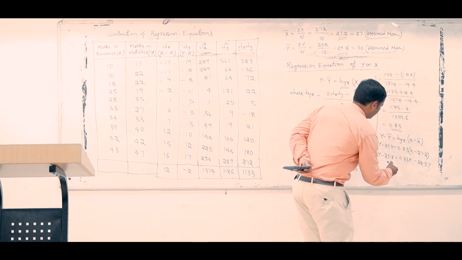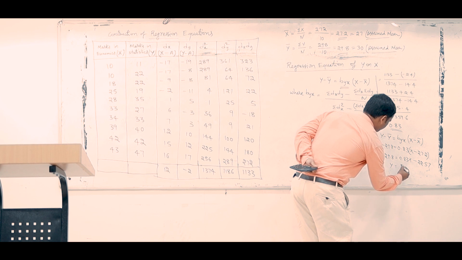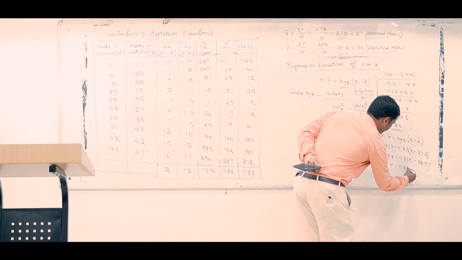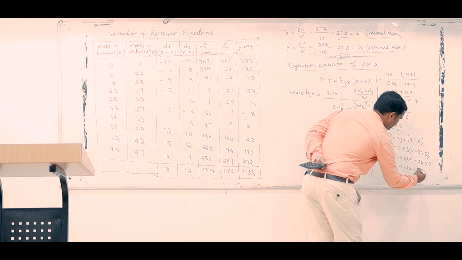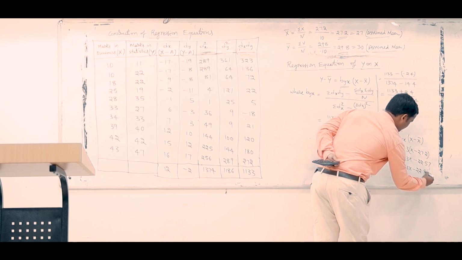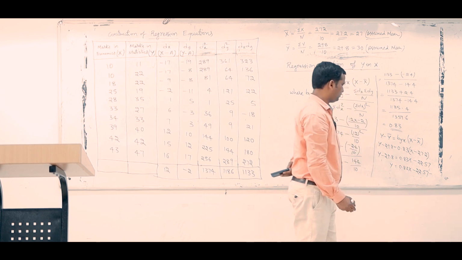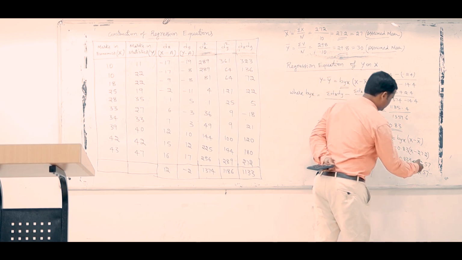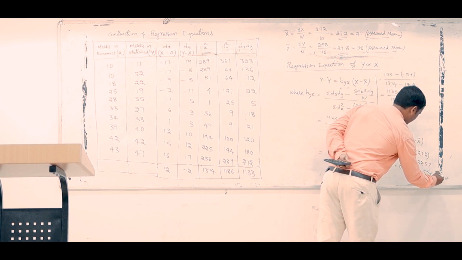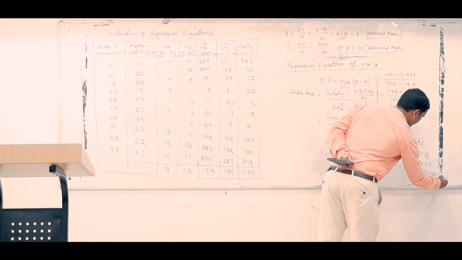Then y is equal to 0.83x minus 22.57 plus, so here minus 29.8, if it is going to that side it will become plus 29.8.